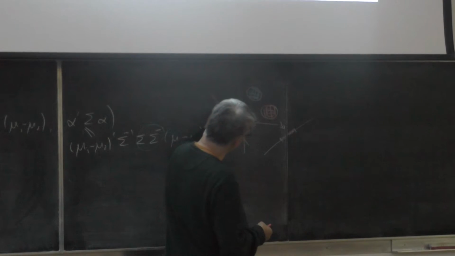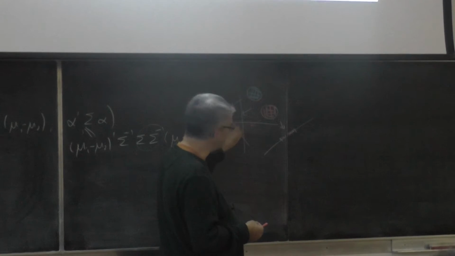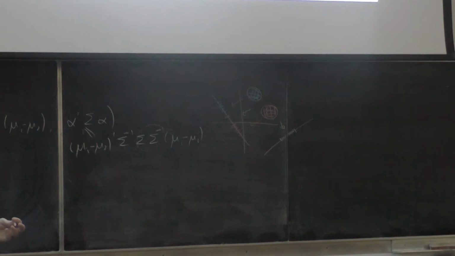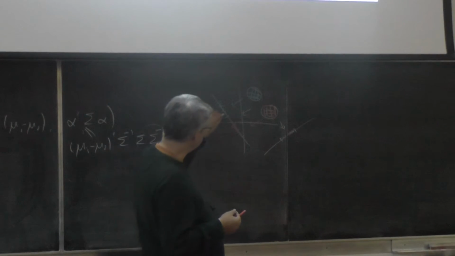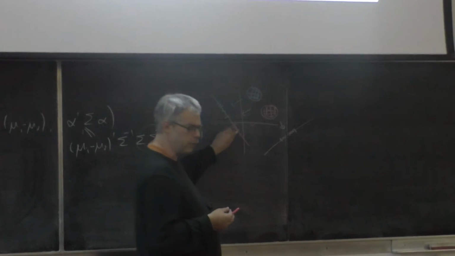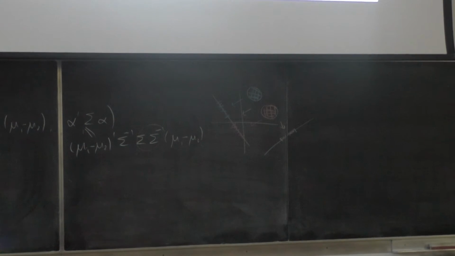That's the sum of squares of something in the blue group minus something in the red group, compared with the within groups variance, which is basically the sum of squares of one thing in the blue group minus another thing in the blue group, and one thing in the red group minus anything else in the red group. So we're trying to partition our covariance and maximise the between groups part, and keep our within groups covariance rather small.